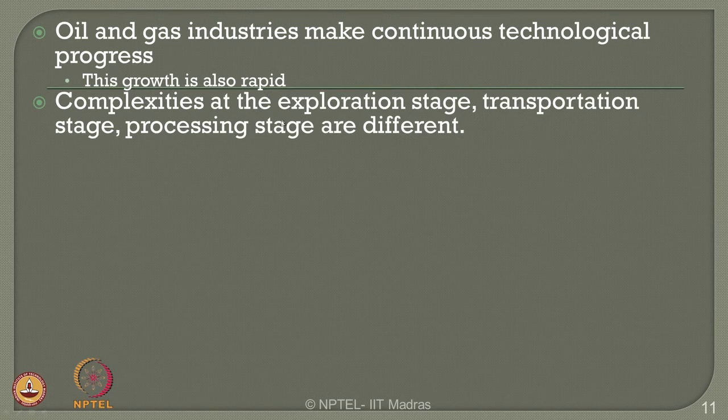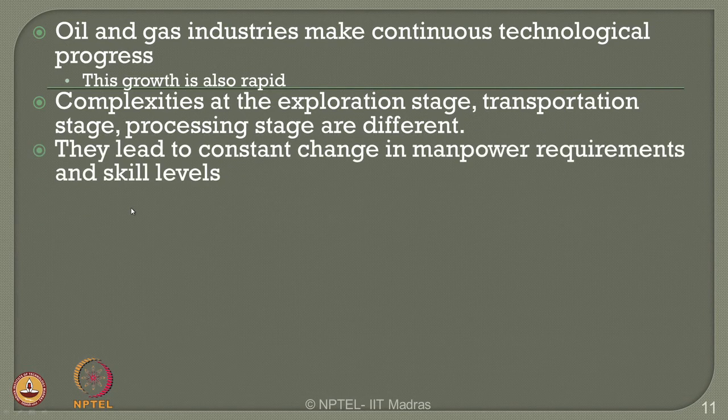When you are looking for continuous technological update and progress, obviously several varieties of complexities come at different stages: at the exploration stage itself, at the transportation stage, and processing. The complexities arising from different stages are entirely different, and one has to understand them in a different manner.